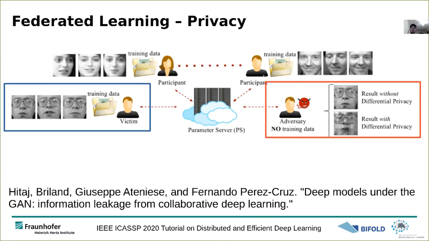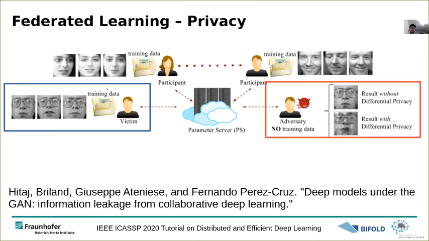There's this very interesting paper called Deep Models Under the Gun: Information Leakage from Collaborative Deep Learning, where the authors show that you can come up with a strategy as an adversary that can force different clients participating in the federated learning process to upload parameter updates which are very revealing of the data these clients hold.